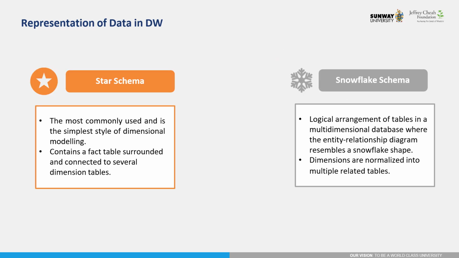Now, star schema. Star schema is again very important. It is a commonly used method for the simplest things, such as how to utilize dimensional modeling, and it contains a fact table surrounded by and connected to several dimension tables. The snowflake schema is also a logical arrangement of tables in multi-dimensional databases, where the entity relationship diagram resembles a snowflake shape.